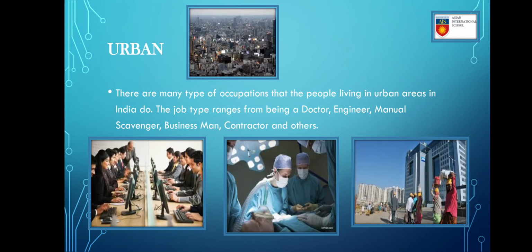Urban distribution. There are many types of occupation that people living in the urban areas in India do. The job type ranges from being a doctor, engineer, manual scavengers, businessman, contractor, and others.